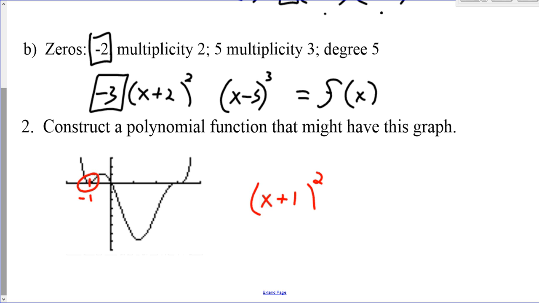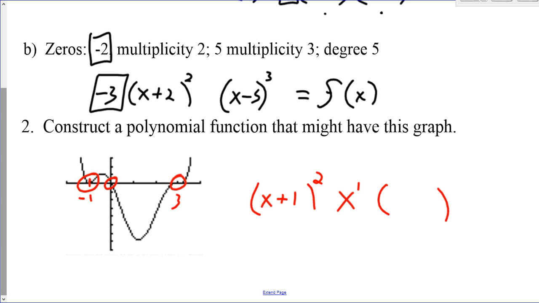We could do 4 or something greater if we wanted to. Here there's a 0 at 0, so that is going to be represented by x. It goes through, so it just has to be odd. I'm just going to leave it as x to the power of 1. And then for this one, I need to make sure that I have a 0 at, let's see, that's 1, 2, and 3.